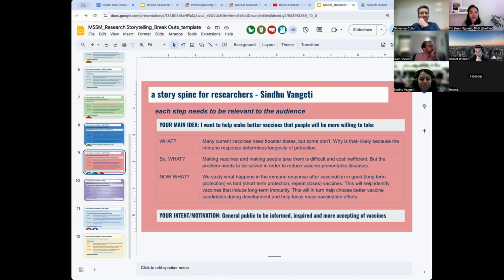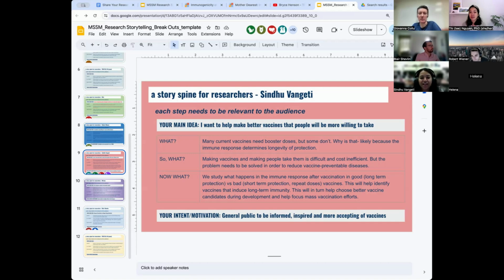My main idea, or what I work on, is that we are trying to make better vaccines that people will be more willing to take. The problem is that a lot of vaccines that exist in the world need booster doses, although some don't. A big determinant of why some need boosters is that you have different immune responses to each vaccine, and that determines how long you're protected.